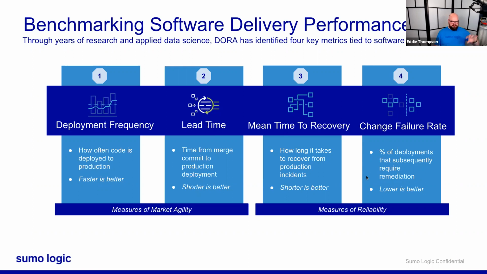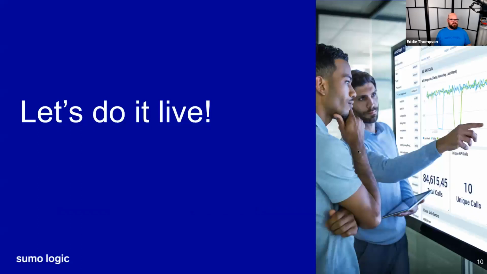So broadly, 4 metrics, half and half across agility and reliability. And that's how we can look to define the effectiveness of a development organization. So I don't want to bore you too much with slides, so we'll jump over into a live demonstration and we can have a look at how we do this within Sumo.